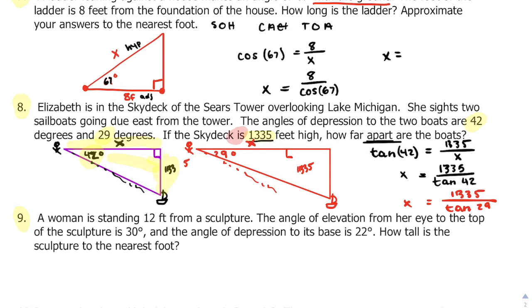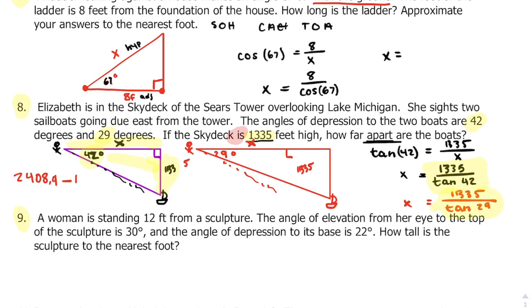And you get their distances. Tangent of 42 is going to tell you the distance of the closer boat. And tangent of 29 is going to tell you the distance of the boat further out. So one boat is 2,408.4 feet away from the tower.